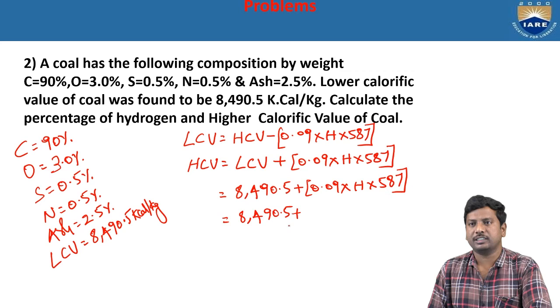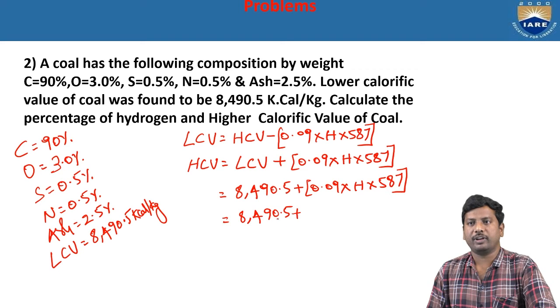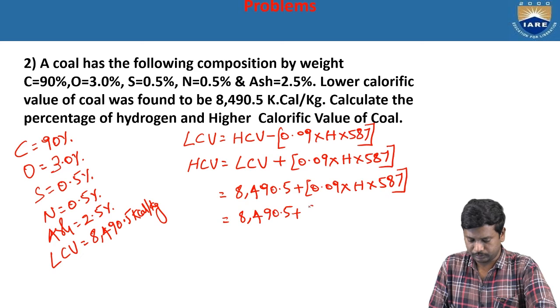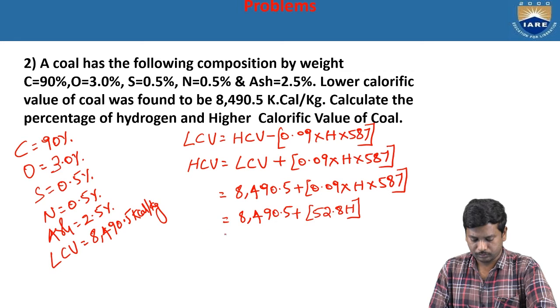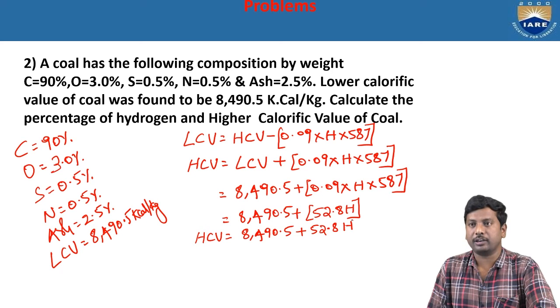So 8,490.5 plus 0.09 into 587, the bracket value we get nearby equal to 52.8 H. So finally HCV is equal to 8490.5 plus 52.8 H. This higher calorific value is considered as equation 1.